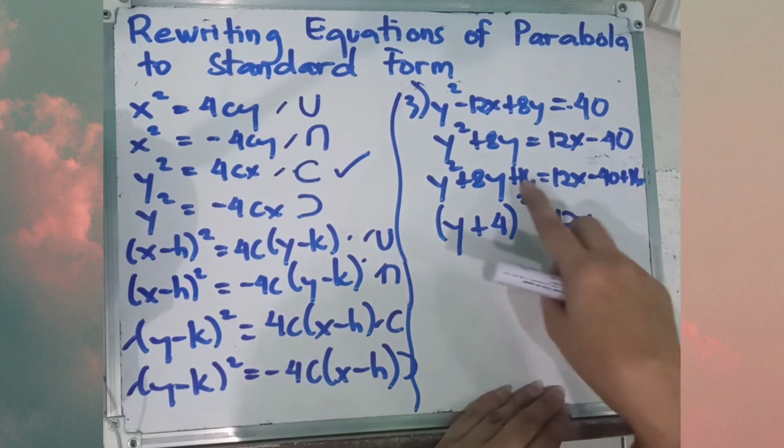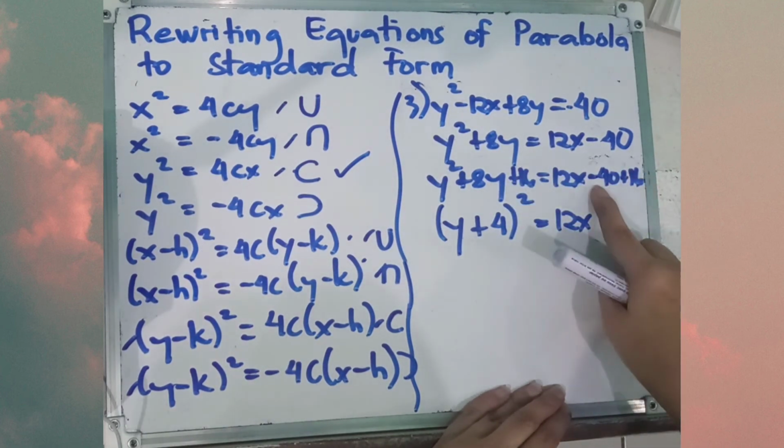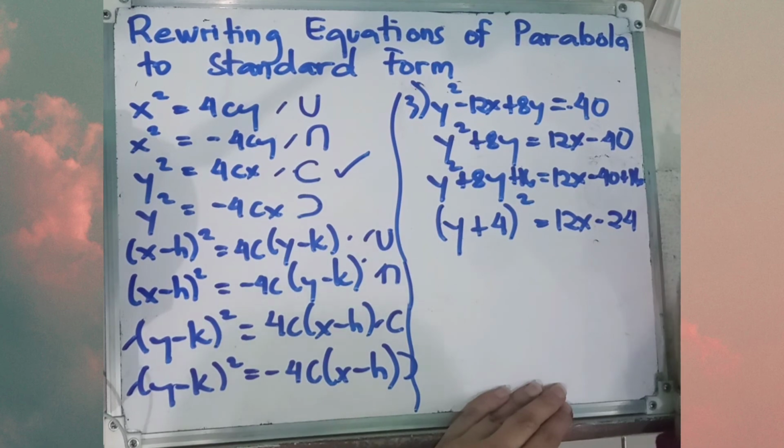Since we added 16 on the left side, we also need to add 16 on the right side. Sorry, my bad, not 24. So negative 40 plus 16, that is negative 24.